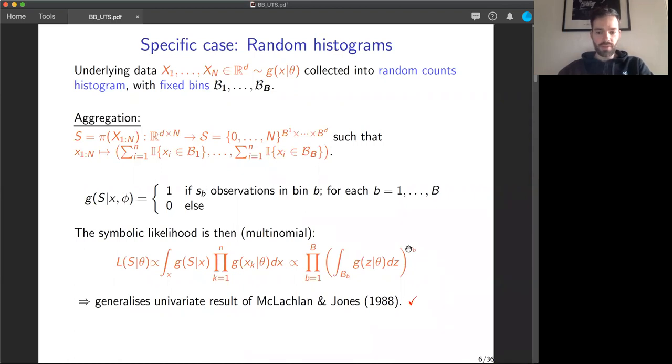All this is raised to the power of the number of counts. So what you can see is that in that case, we have a vector of counts as the symbol, and it's going to be modeled as a multinomial distribution where the probabilities are calculated using the model that we're interested in. So this is a generalization of the McLachlan and Jones 1998 results.